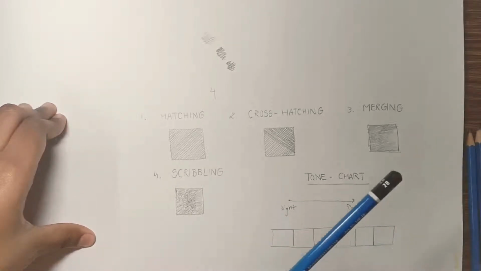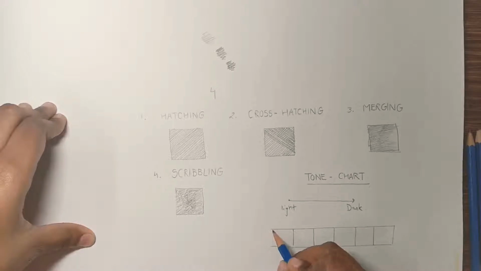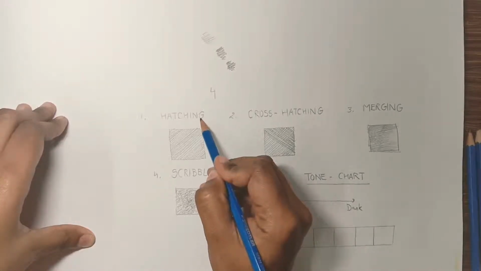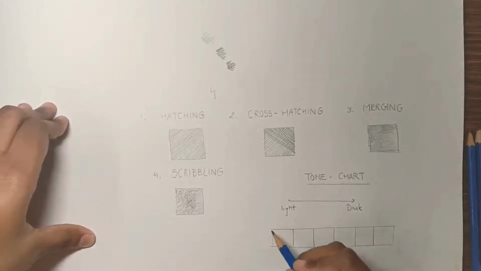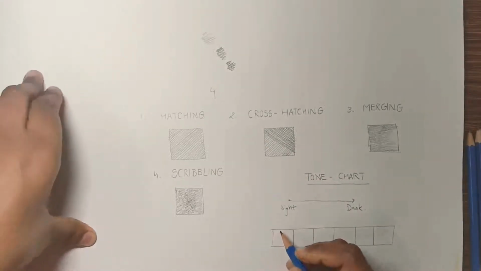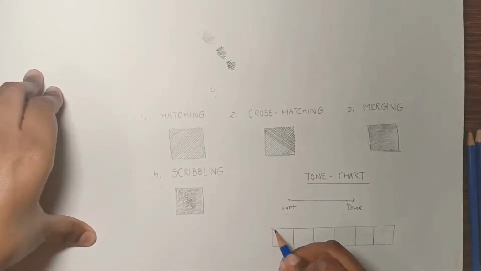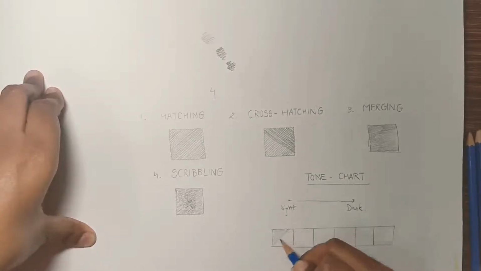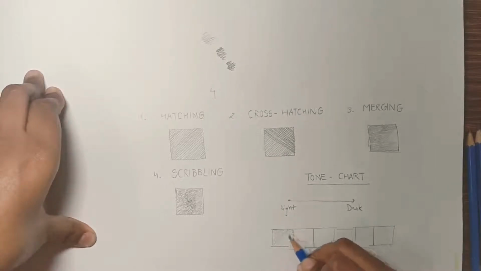So I'm using right now a 2B pencil. We'll basically use hatching during all our process. Let's first learn hatching. With the hatching technique, let's draw the lightest possible shade. Close lines and very light.